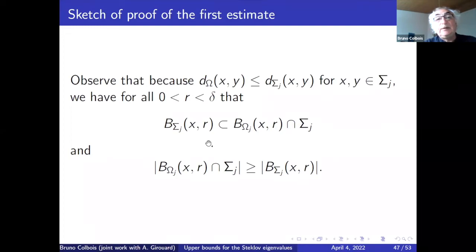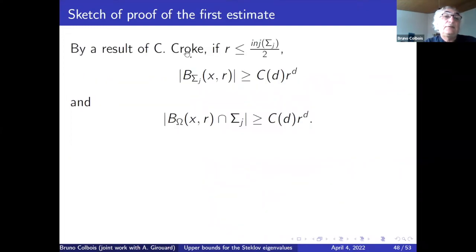It turns out that this is a result of Croke: if the radius is small enough compared to the injectivity radius, you have information about the volume of the ball. For small radius, the volume of the ball is a universal constant times the radius to the power d.